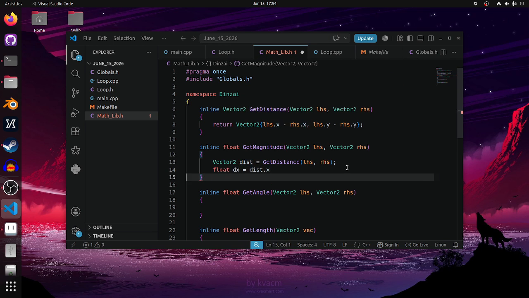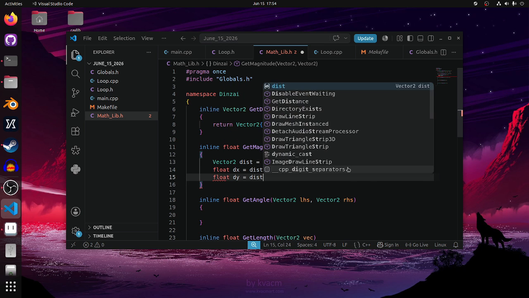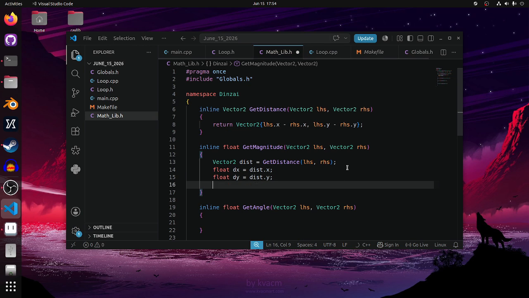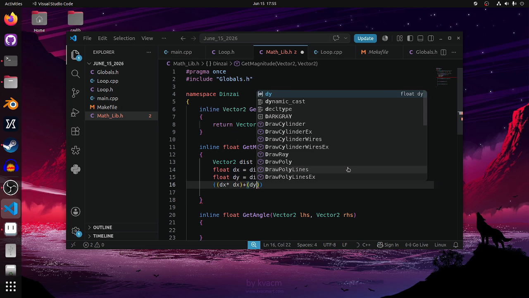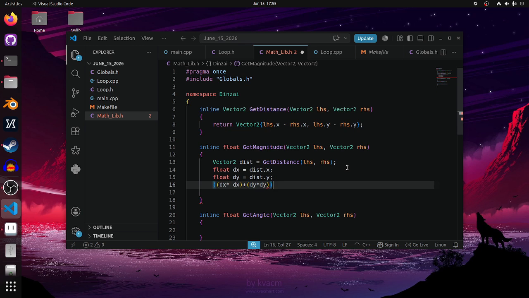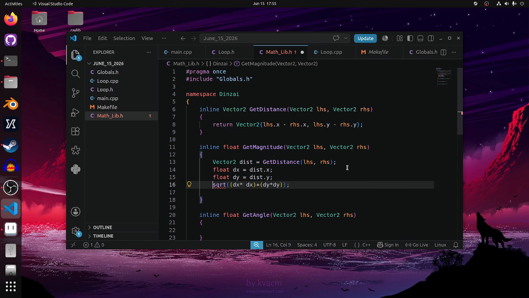And then similarly, our dy would be our dist.y. And you could go from here and say, oh, so our dx times dx plus our dy times dy, this is our c squared. So if we took the square root of that, this would be our c.